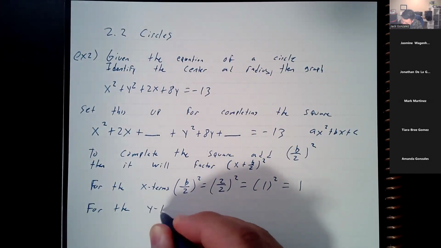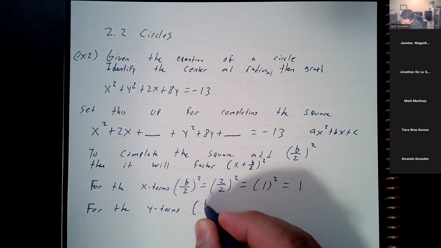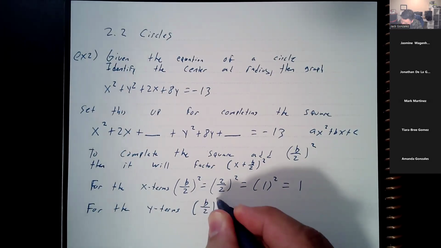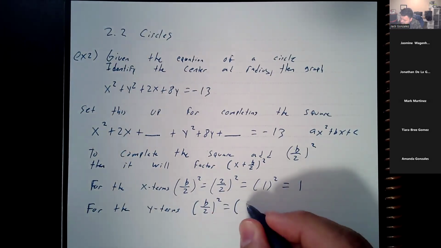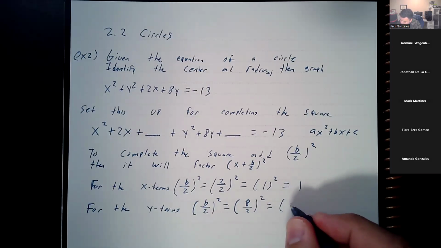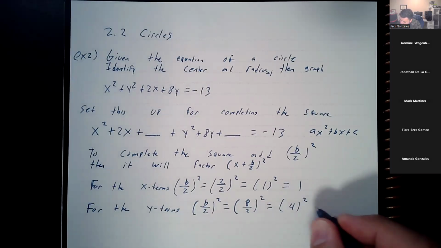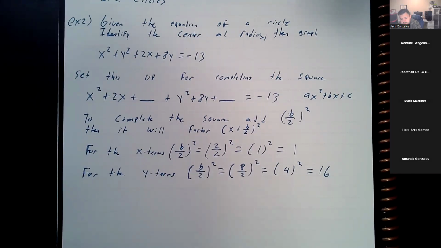With the y terms, b over 2 squared is 8 over 2, which is 4 squared, which is 16, right? You guys with me up to this point?